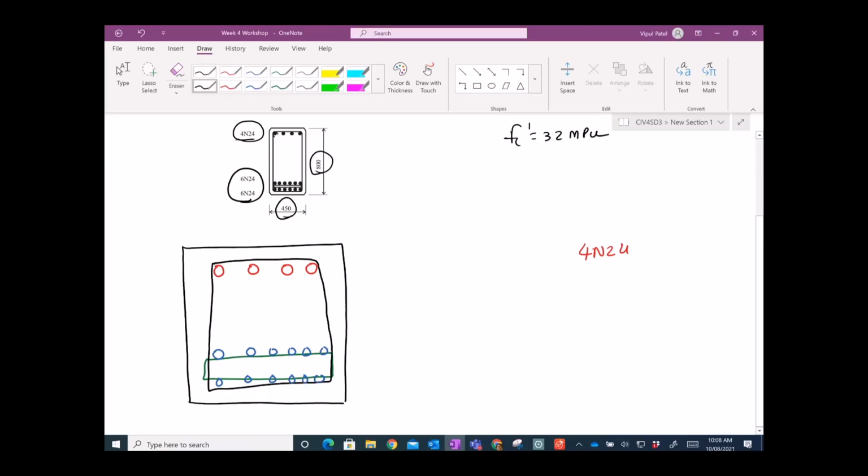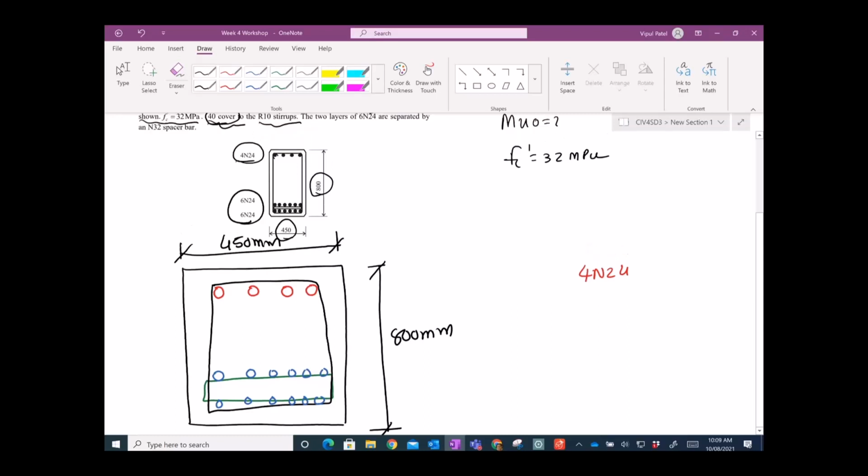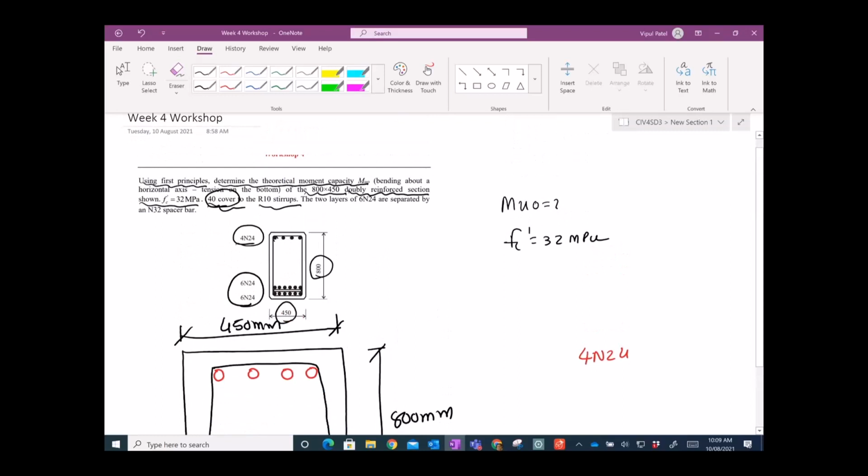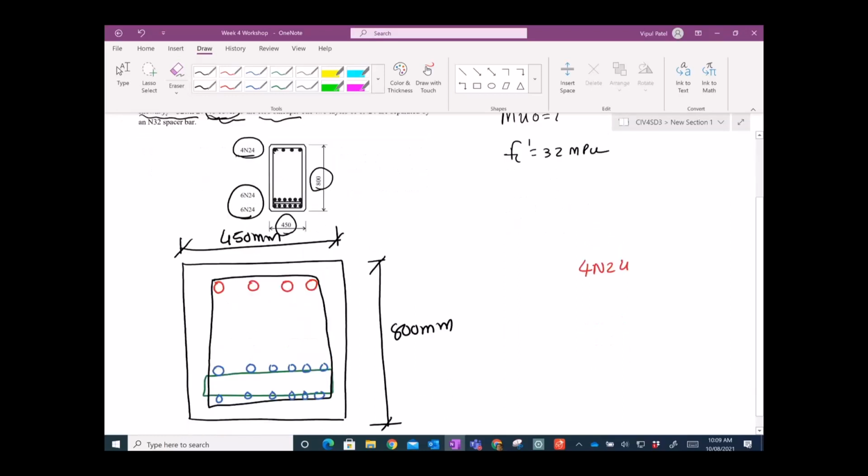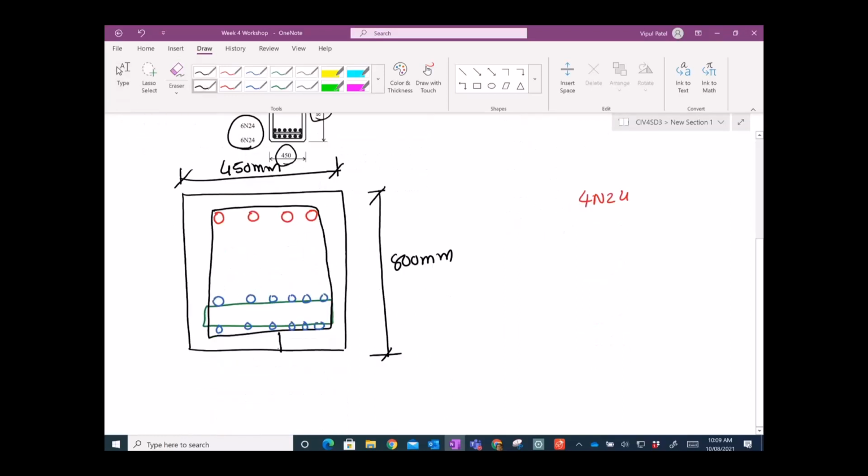Right, so that's the story. Now you have this distance 800 millimeters. You have this distance 450 millimeters that is given to us, and now the position is 40 cover everywhere. So you have cover 40 here, 40 millimeter cover here, and 40 millimeter cover here. Alright, so we have this one.